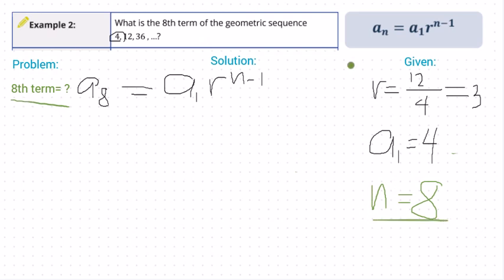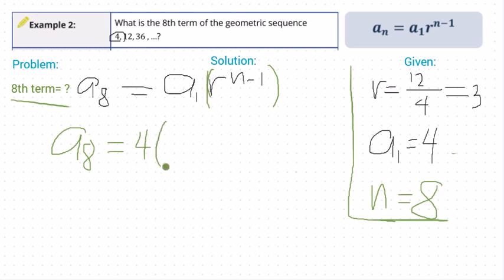Having this, we just substitute in the formula: a sub 8 is equal to 4. Take note that this is multiplication. Our r is 3, then we have 8 minus 1, so that would be 3 raised to the power of 7.